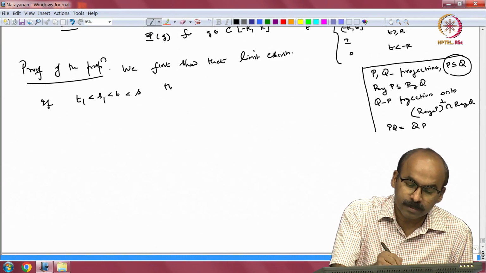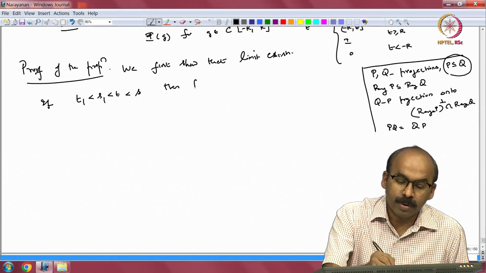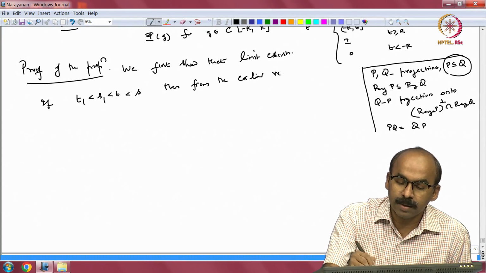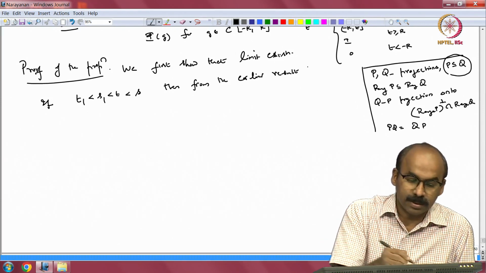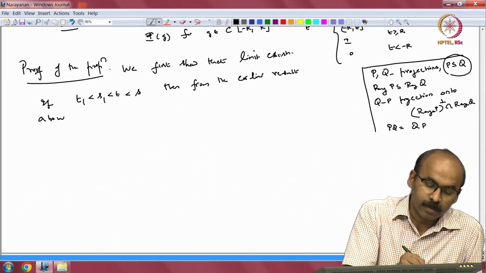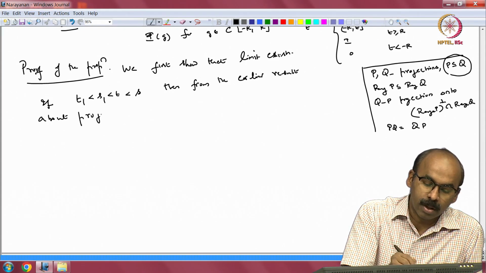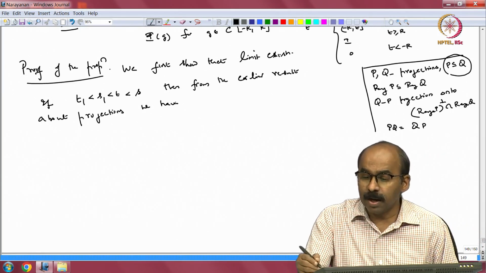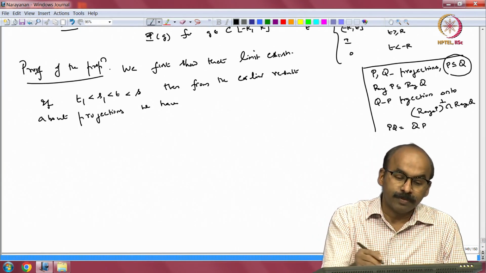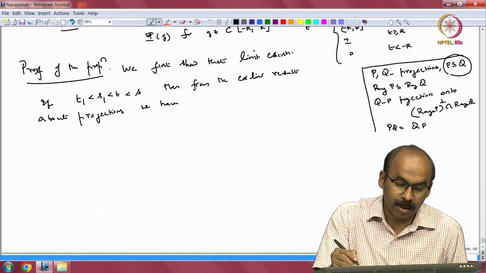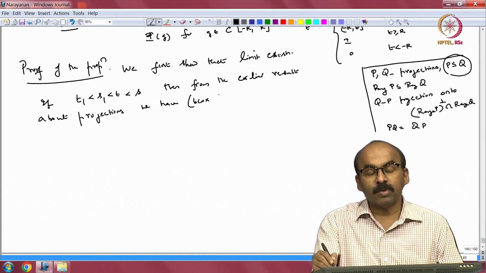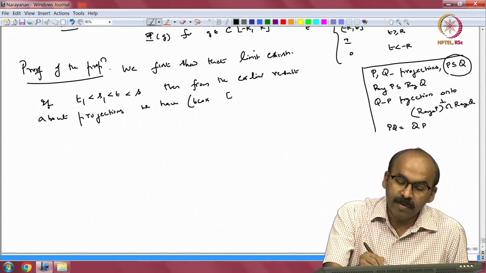Then from whatever we have proved from the earlier result about projections, we have, because T 1 is less than S 1 less than T less than S, we have E T 1 less than or equal to E S 1, right.